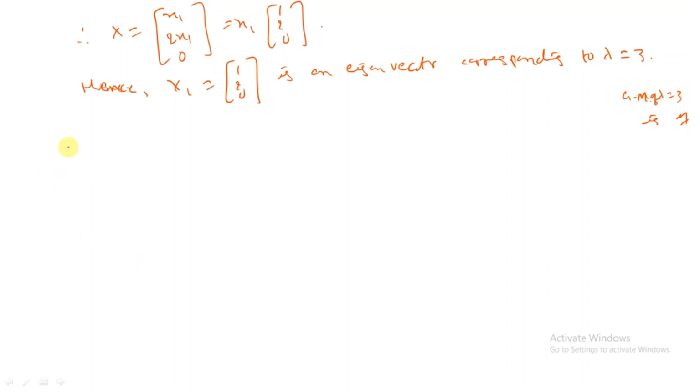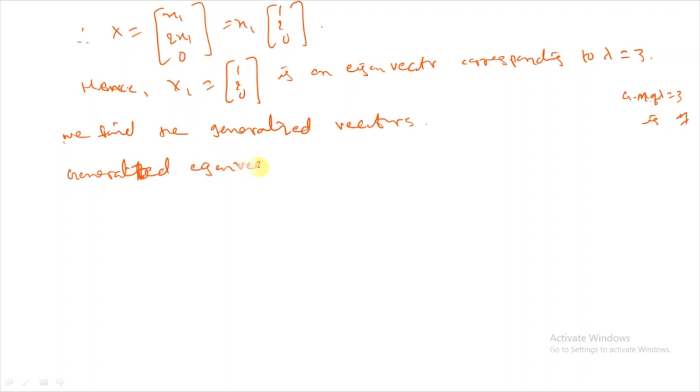Now find the generalized vectors. Now first one, generalized eigenvector x2 corresponding to the same eigenvalue, such that (A minus 3I) whole square x equal to 0.